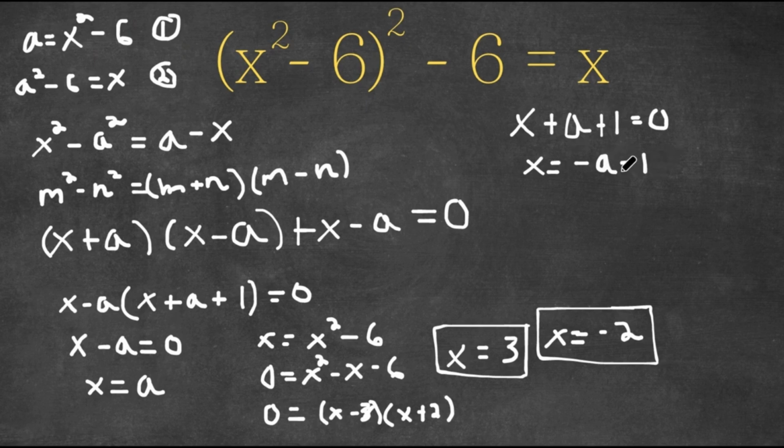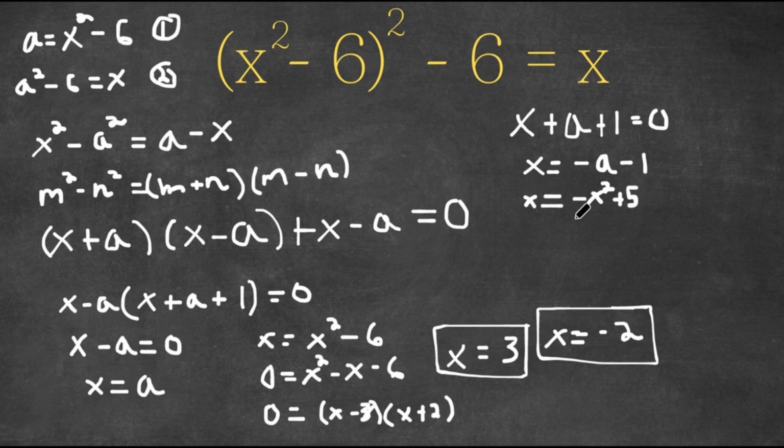And I'm actually going to plug in a. a is x squared minus 6, so this means x is equal to negative 1 times x squared minus 6, which is negative x squared plus 6, minus 1, and 6 minus 1 is 5. So we have negative x squared plus 5.